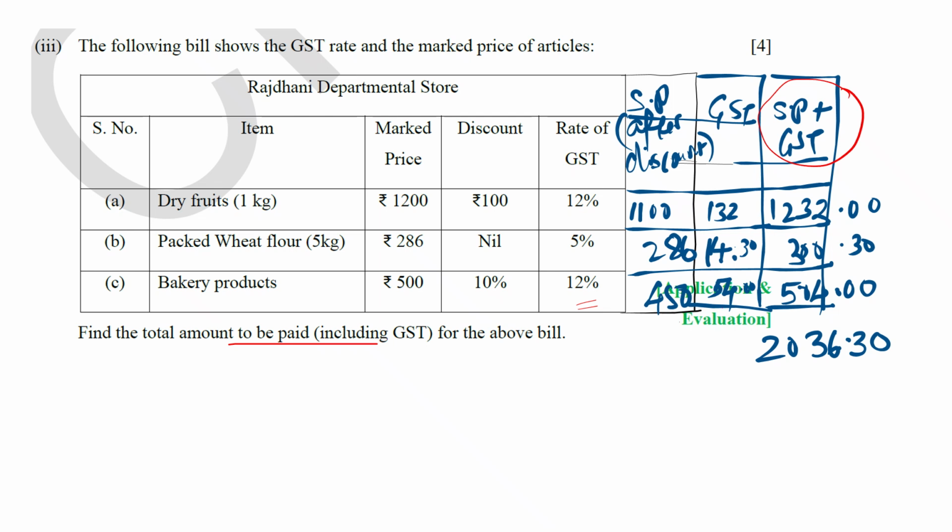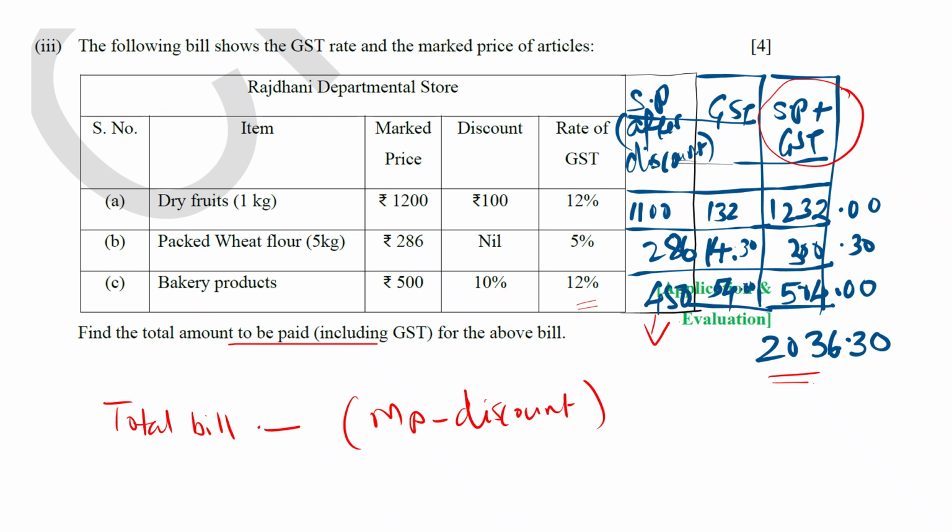And then this is your selling price plus your GST, and then this is your total bill amount. So total bill amount will be your mark price minus discount plus GST. So overall the amount will be 2036.